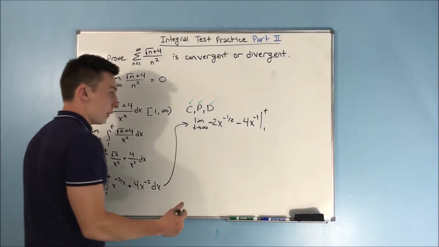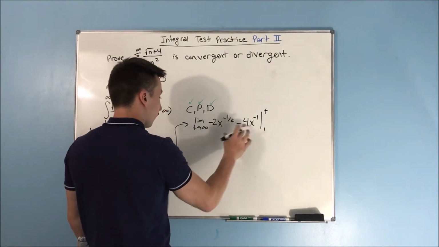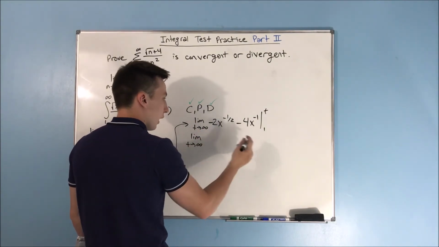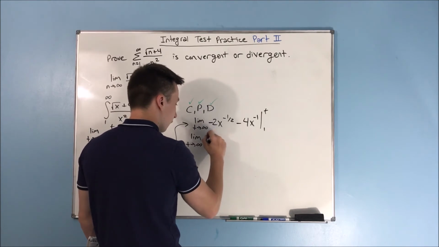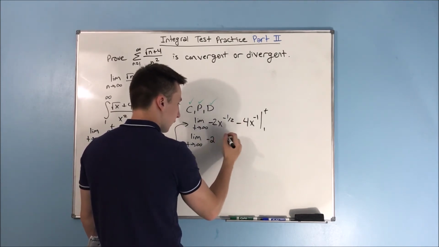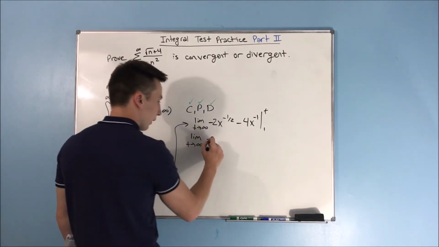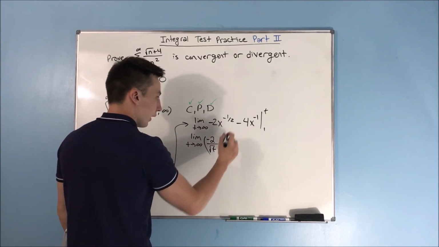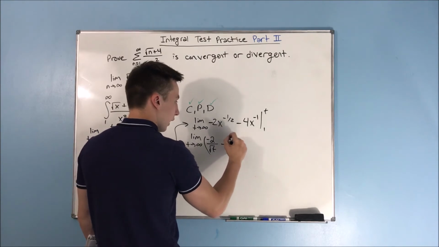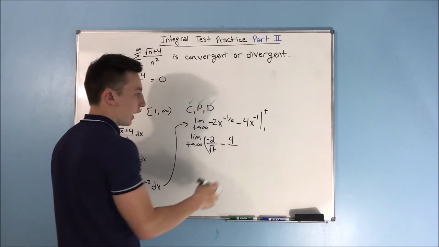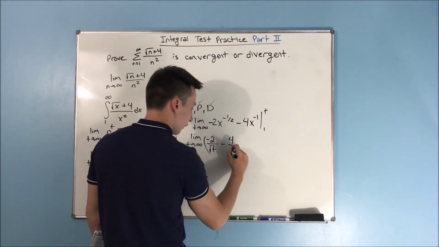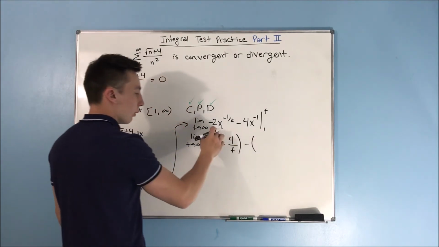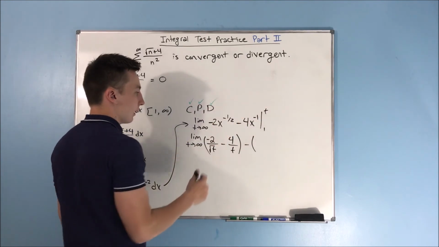Okay, so let's do that limit here, or let's do that evaluation so we can take our limit. And then we get negative 2 t to the negative 1/2, which you can just write as negative 2 over rad t. All right, and that's going to be minus a 4 over x, which is just 4 over t. Okay, and that's going to be minus, we plug in 1, so we can even just forget about these x's.